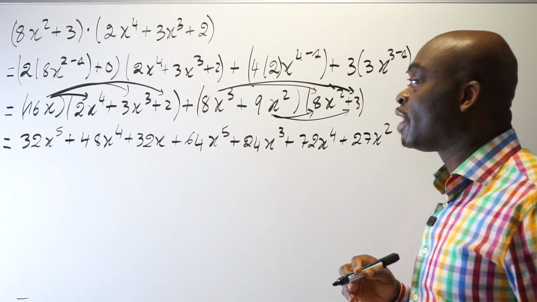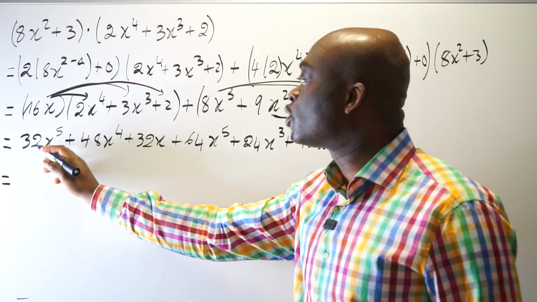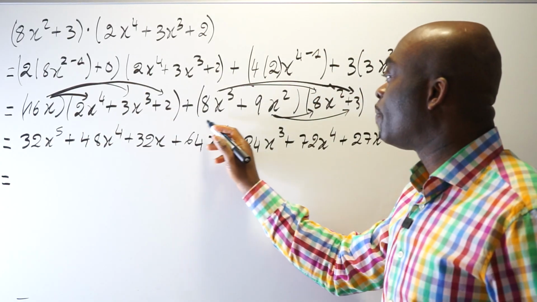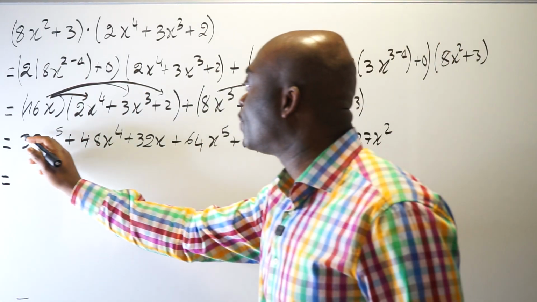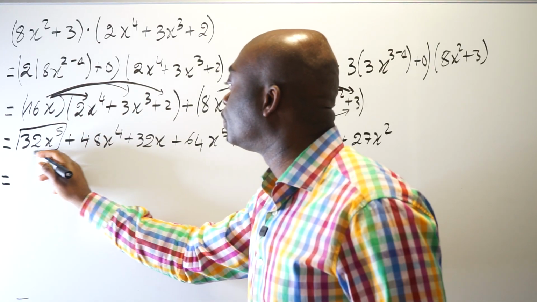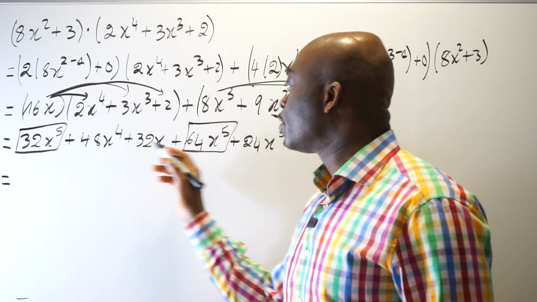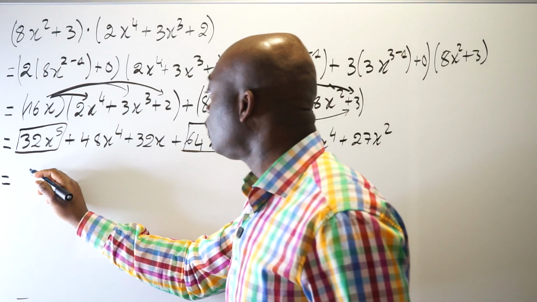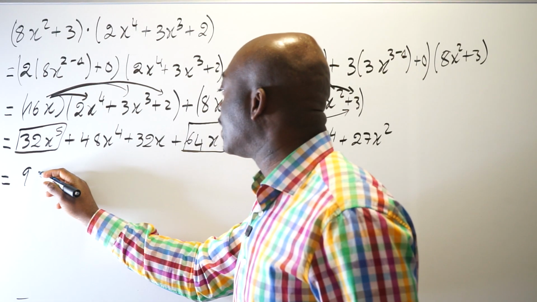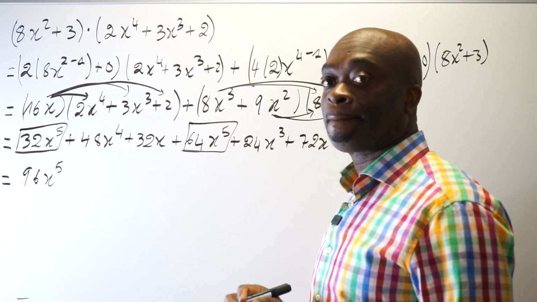And after that, ladies and gentlemen, we have to combine like terms. That means 32x to the fifth power has to combine with 64x to the fifth power, because they are like terms. So 32 plus 64 gives us 96x to the fifth power.